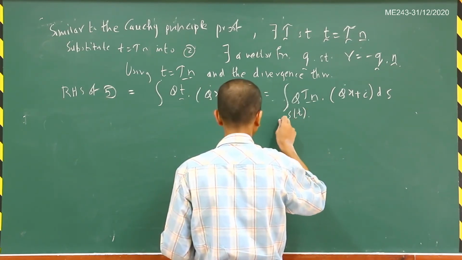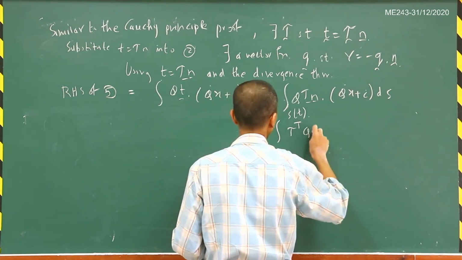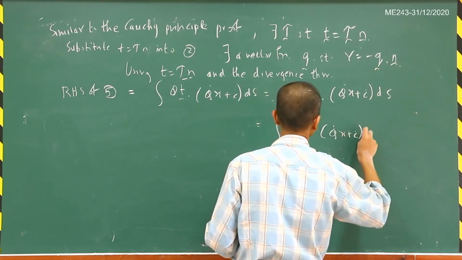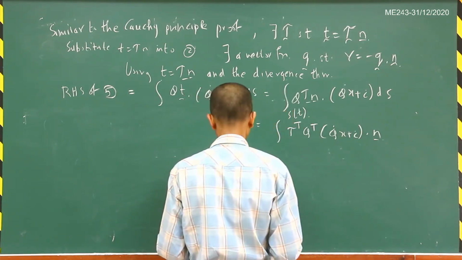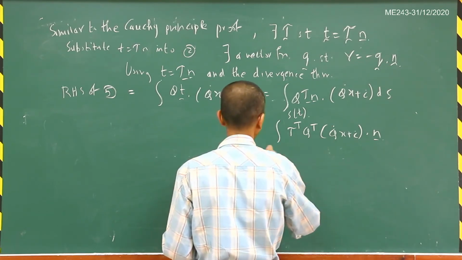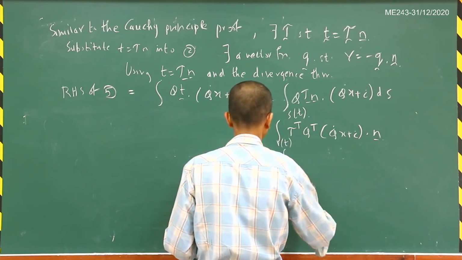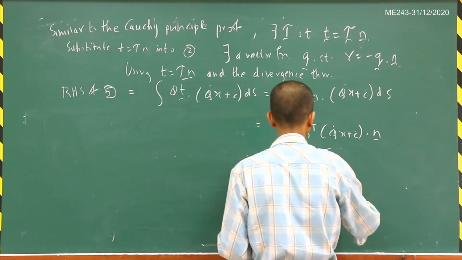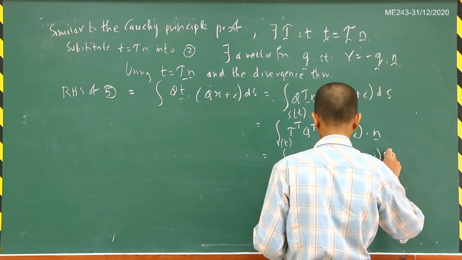So you will get that this is tau transpose times q transpose times q dot x plus c dot n. So just use the definition of the transpose itself here, and then apply the divergence theorem to this. So this is del dot tau transpose times q transpose times q dot of x plus c dot times dV.